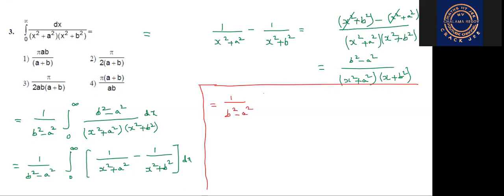Apply the integration. What is the formula? 1 by a into tan inverse of x by a, and the second term, 1 by b tan inverse of x by b. What is the limit? 0 to infinity.